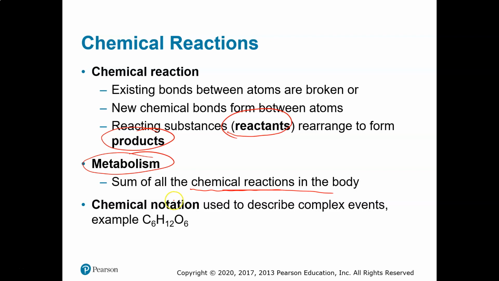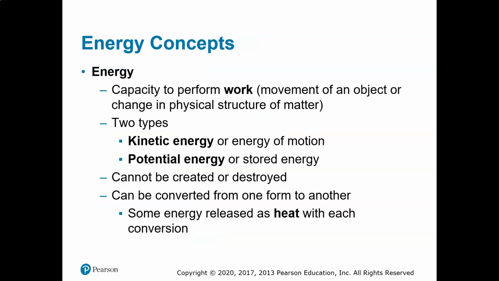So this covalent compound here is glucose, and the chemical formula, C6H12O6, means that it has 6 carbon atoms, 12 hydrogen atoms, and 6 oxygen atoms, chemically covalently bonded to each other.